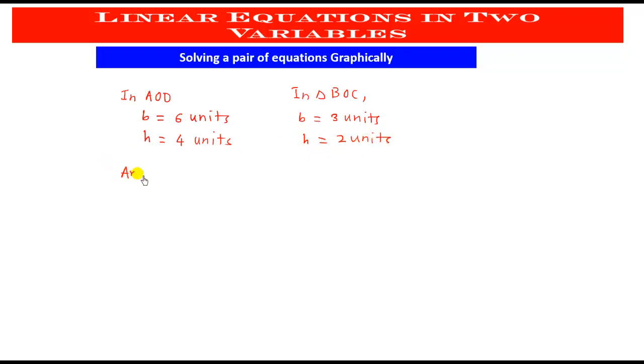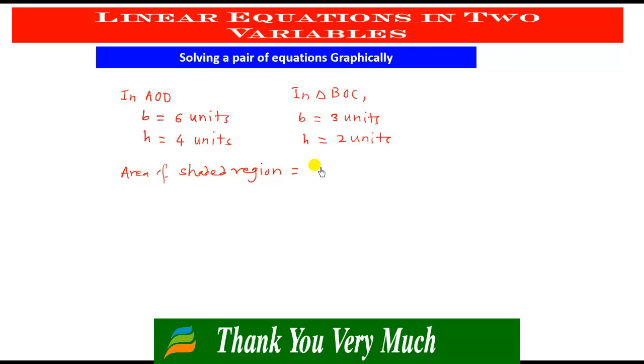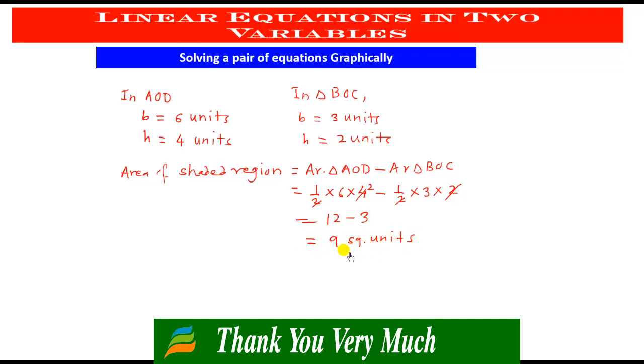Therefore the area of the shaded region is equal to area of triangle AOD minus area of triangle BOC, which is 1/2 into 6 into 4 minus 1/2 into 3 into 2. So 6 twos are 12 minus 3, that will be 9 square units, and therefore the area of the shaded region ABCD is equal to 9 square units.